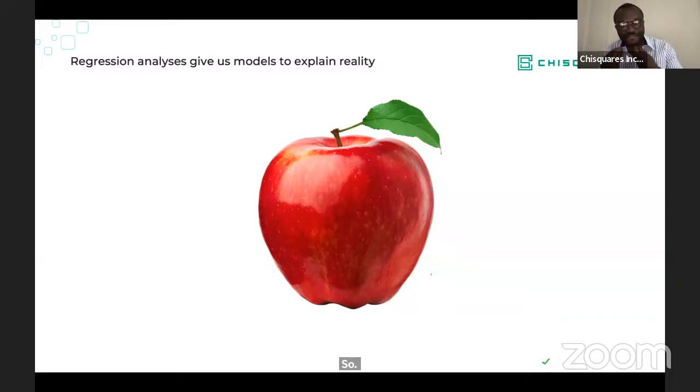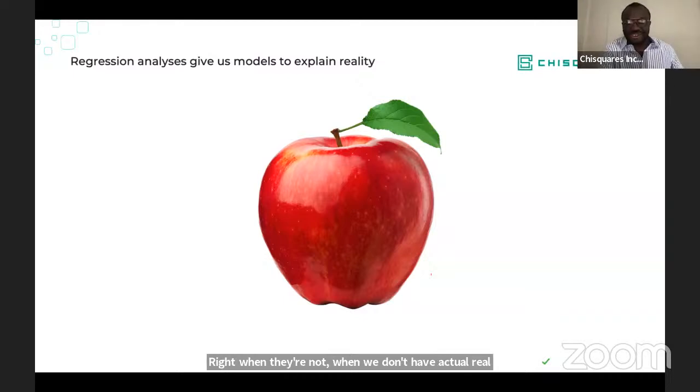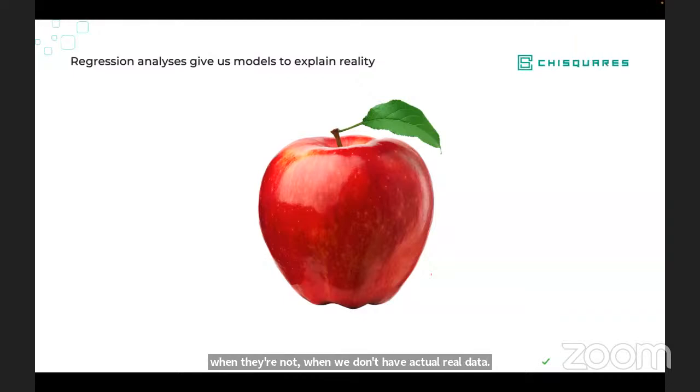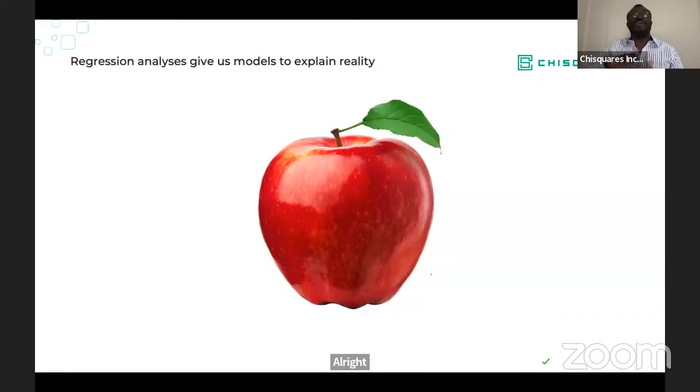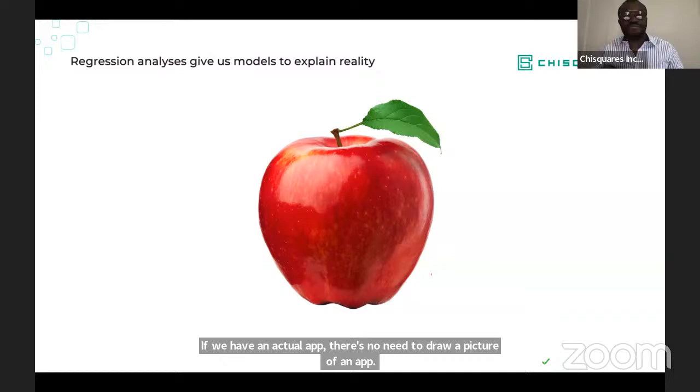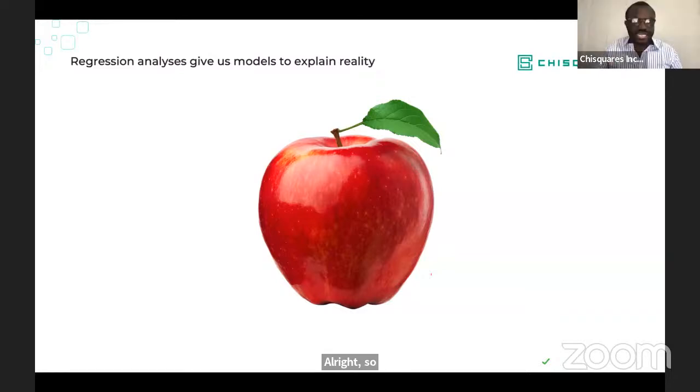When we don't have actual real world data, then we use a model. If we have an apple, we don't need a model. If we have an actual apple, then there's no need to draw a picture of an apple. So when we have data, we don't need models. We need models because we need to simulate some aspect of reality that we don't have data for.